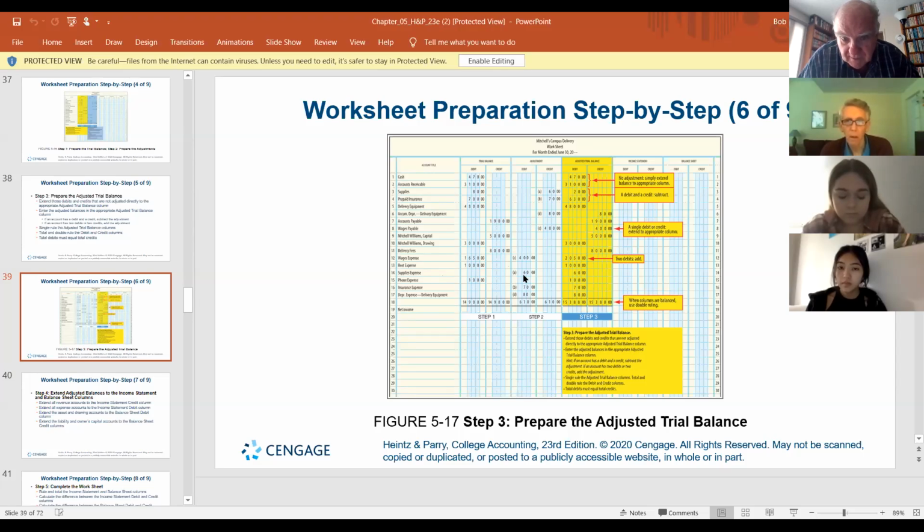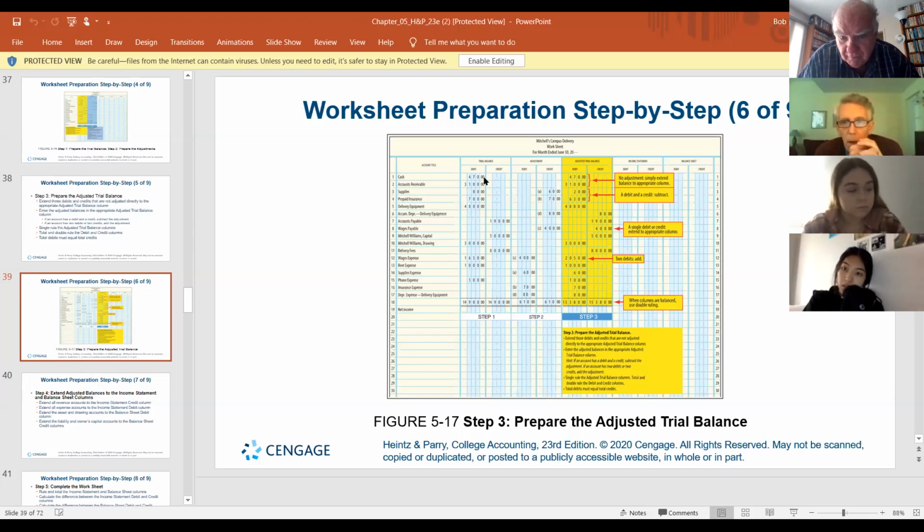I'm sorry, I'm in the wrong column. Yeah, we debited supplies expense for 60, and we credited the supplies asset. We debited depreciation for 80, and we credited the accumulated depreciation, which went from 0 credit balance to an $80 credit balance, and we just moved the numbers over here.